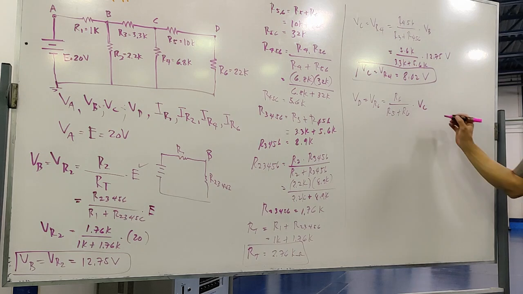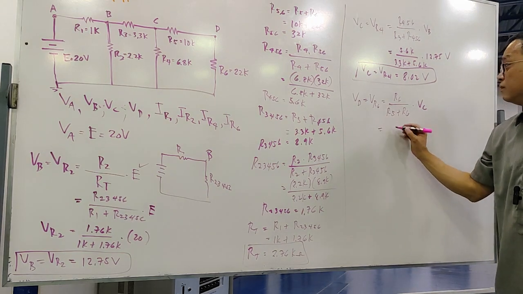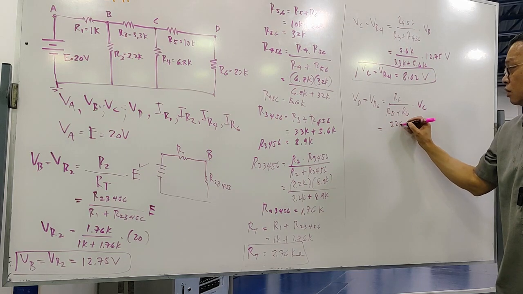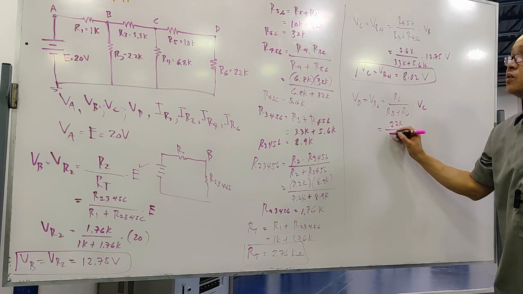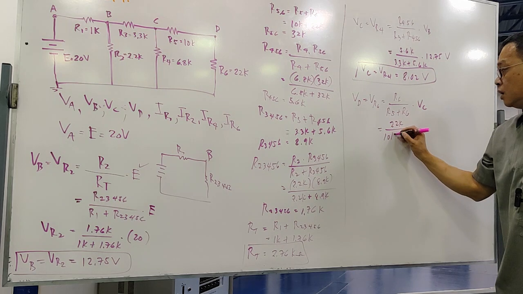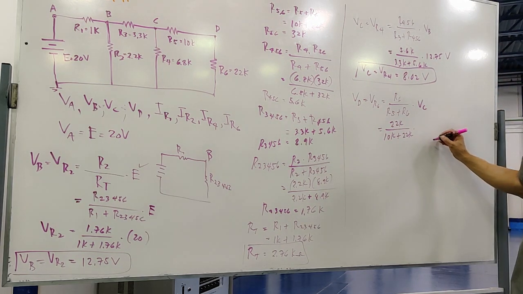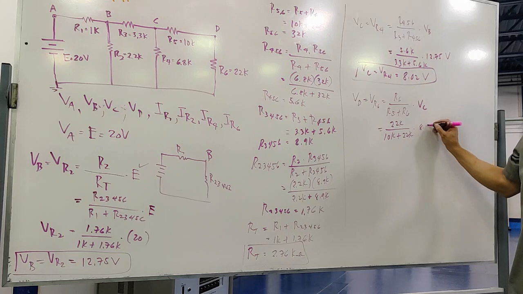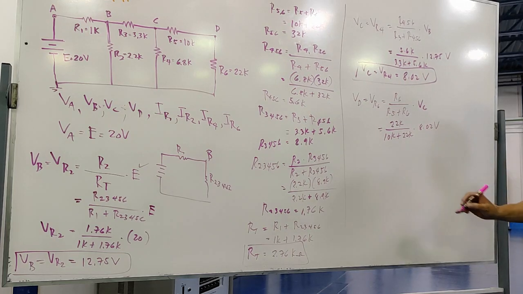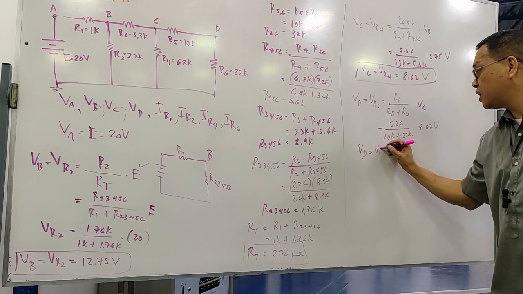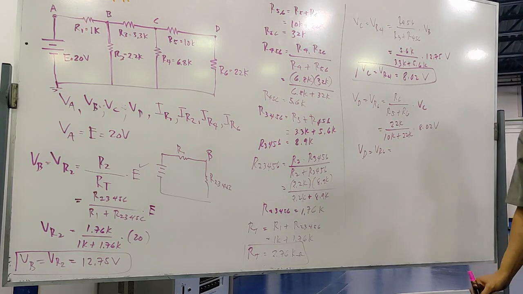So R6 is 22 kilo over R5, 10 kilo plus 22 kilo, multiplied by VC, which is 8.02 volts.